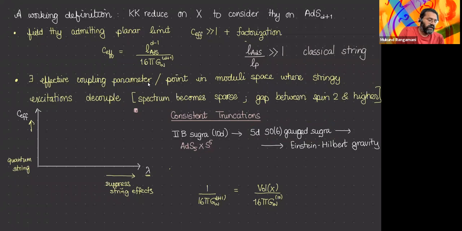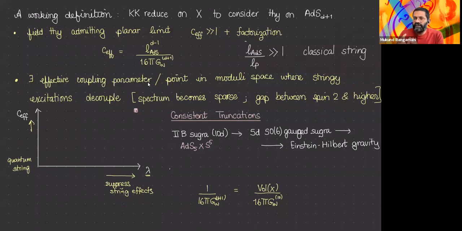Even more remarkably, the 5D SO(6) gauged supergravity theory admits further truncations. And among the further truncations, there are truncations of the kind which are just Einstein-Maxwell theory, which will be important in a while, or just pure Einstein-Hilbert gravity. And here I mean the following.